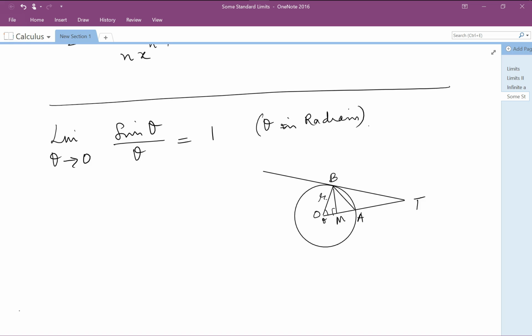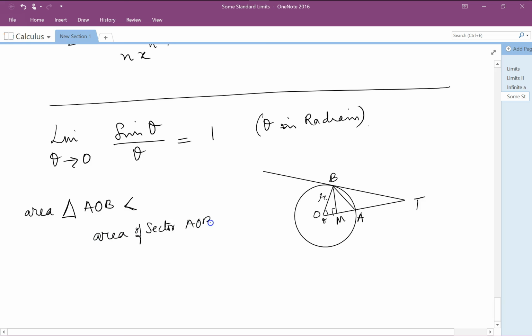Now if you look at this, can we say that the area of triangle AOB is less than the area of sector AOB?